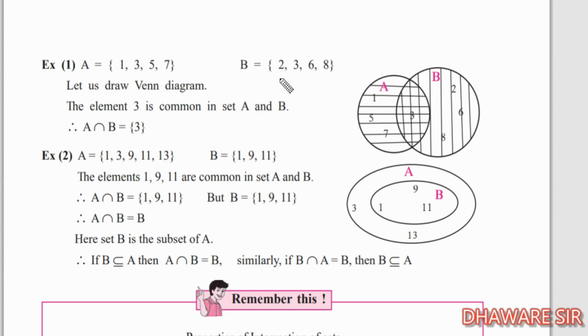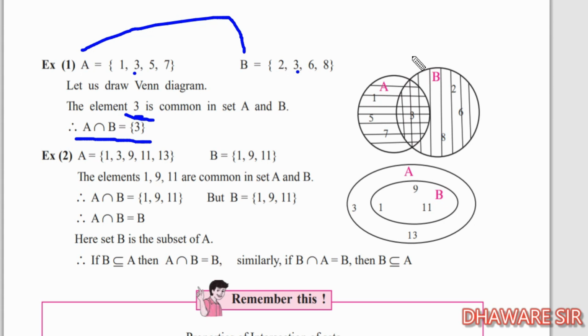Is 1 here? No. Is 3 here? Yes, here is the 3. Is 5 here? No. Is 7 here? No. So in sets A and B, 3 is the only common element. That means 3 is in the set A as well as in the set B. So A intersection B is equal to, in curly brackets, 3.